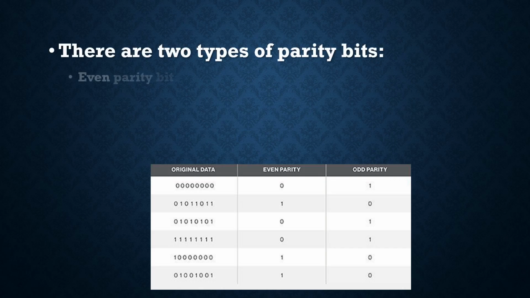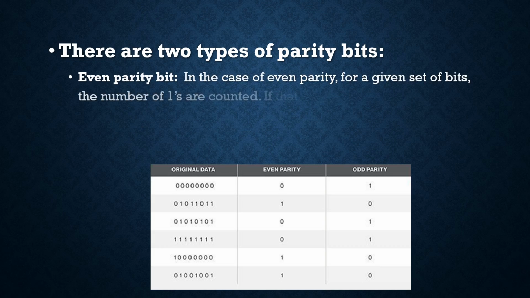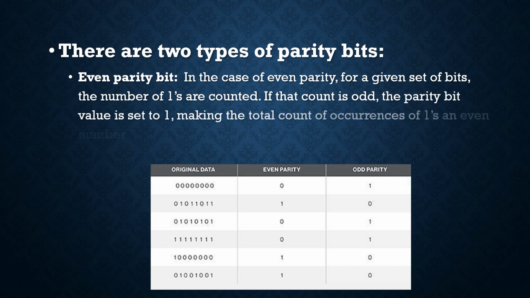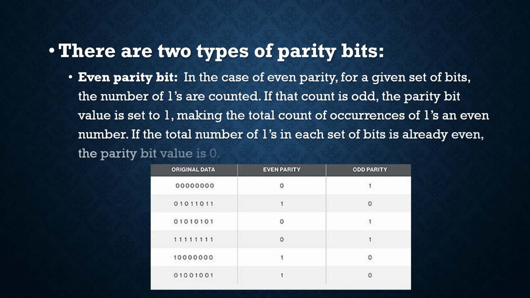Even parity bit. In case of even parity, for a given set of bits, the number of ones are counted. If that count is odd, the parity bit value is set to 1, making the total count of occurrences of ones an even number. If the total number of ones in a given set of bits are already even, the parity bit value is 0.